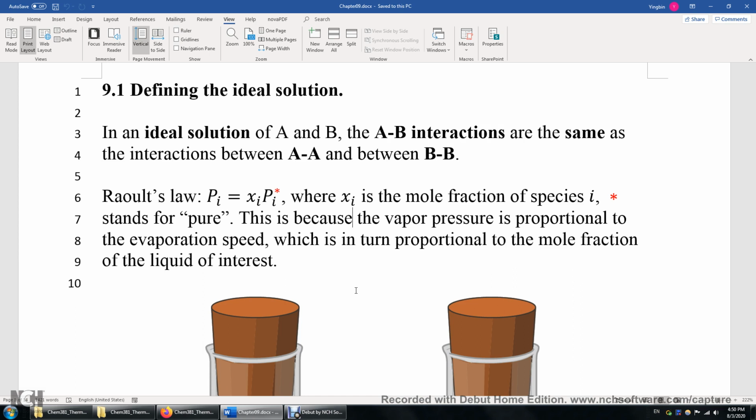Now the mole fraction of water is only 50%. It's not 100%. We simply need to multiply this 0.032 bars by its mole fraction, 50%. So it's 1/2 of 0.032 bars for water.